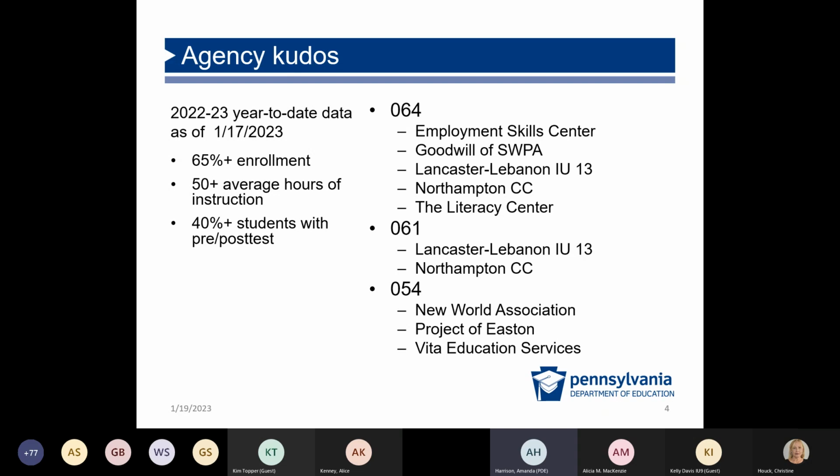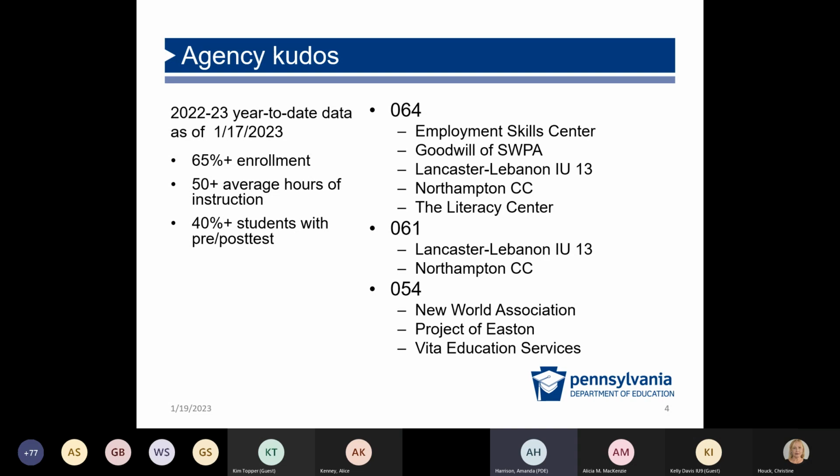And finally, for Family Literacy 054 grants, congratulations to New World Association, Project of Easton, and Vita Education Services for achieving these kinds of thresholds.